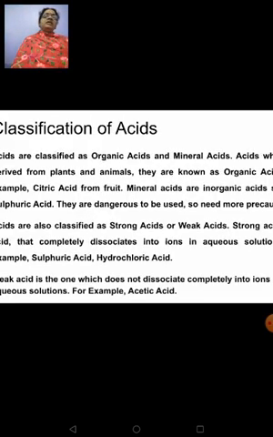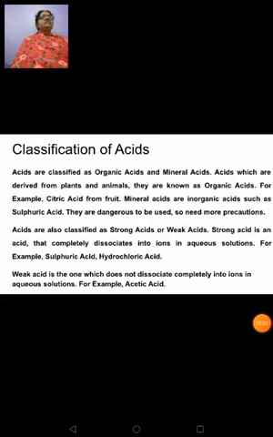Next, we'll learn about classification of acids here. Acids can be classified as organic acids and mineral acids. The acids which are obtained from plants and animals are said to be organic acids. For example, citric acid, which we get from lemons, is said to be organic in nature because it is obtained from plant products, right?